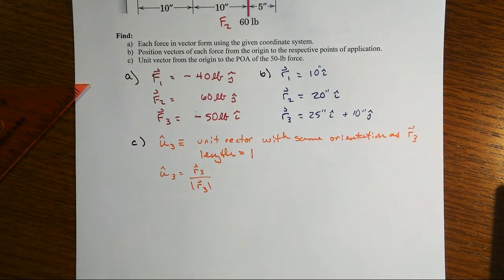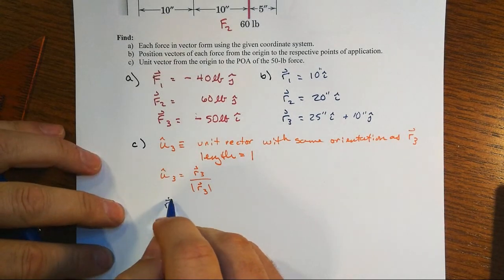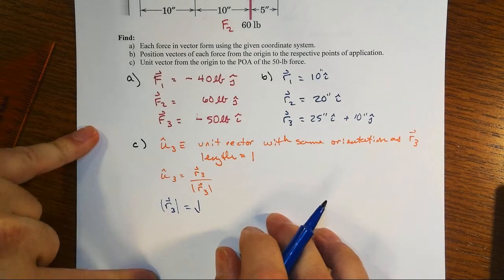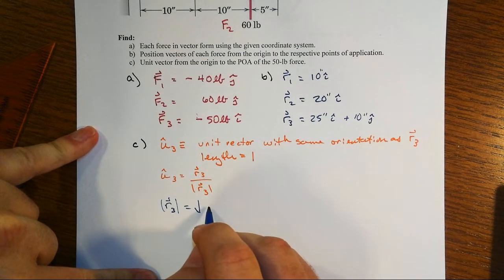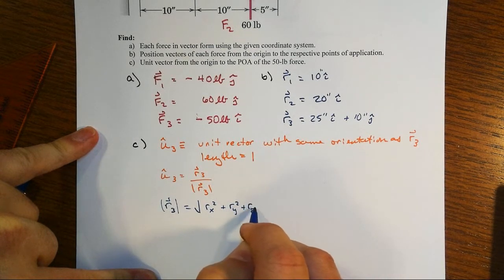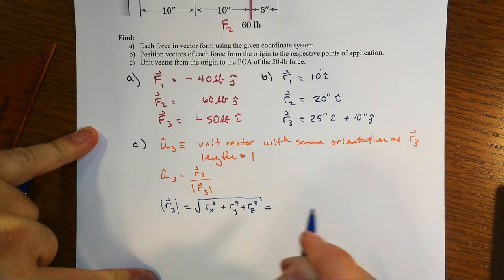And we find the magnitude with essentially the Pythagorean theorem. R3 is equal to the square root of the sum of the squares of each of the components. That would be true in 3D as well. So that'd be Rx squared plus Ry squared. If we had a Z, we'd put it in here. We don't here, right?